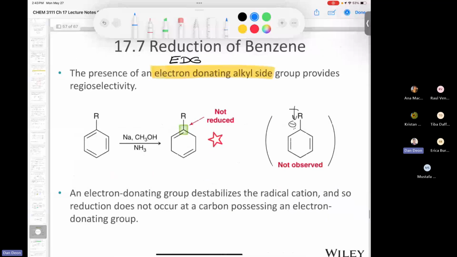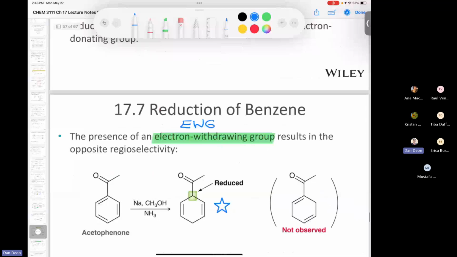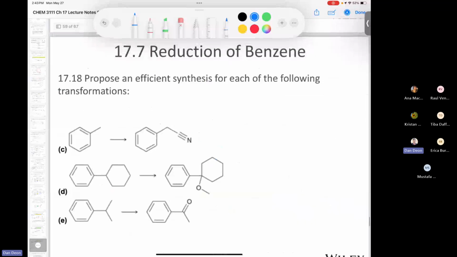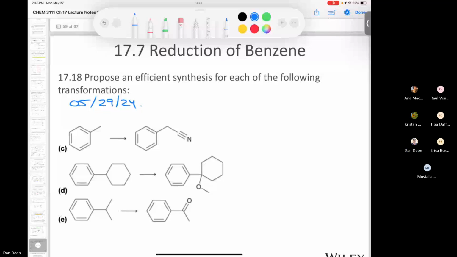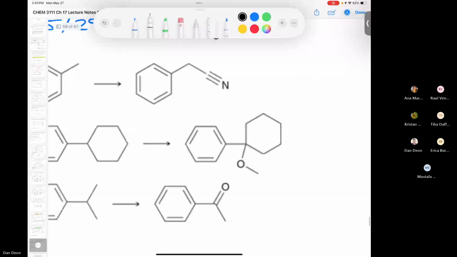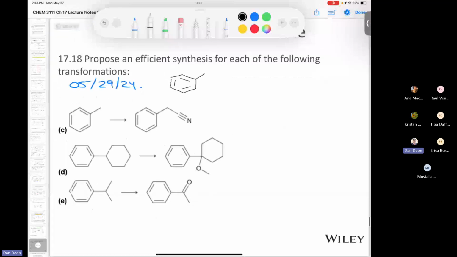And so with that in mind, what we'll do on Wednesday is we're going to take a look at these problems. You can see the first one involves a benzylic bromination. If we just take toluene, and we treat that with NBS and heat, that's going to make benzyl bromide like this.